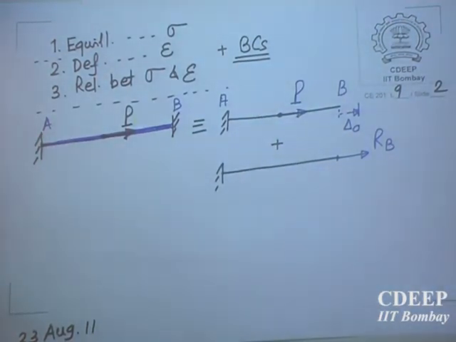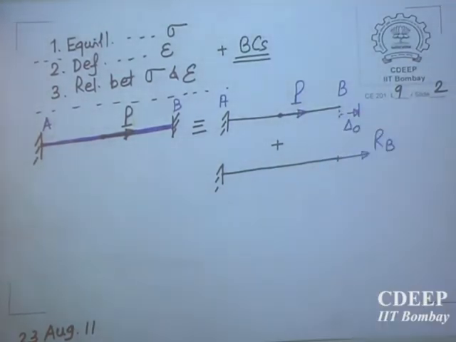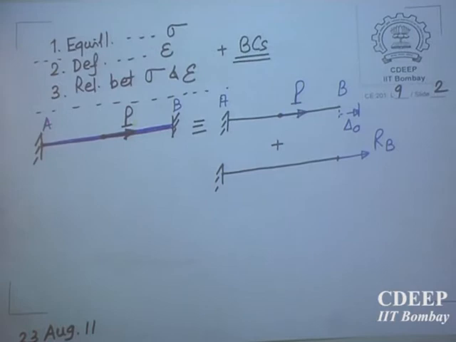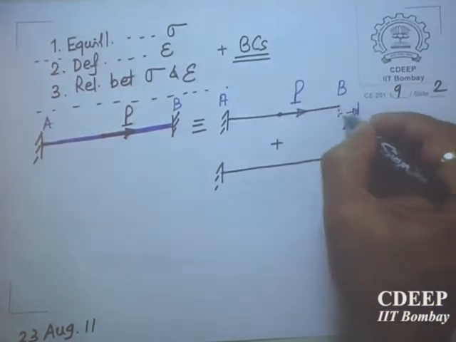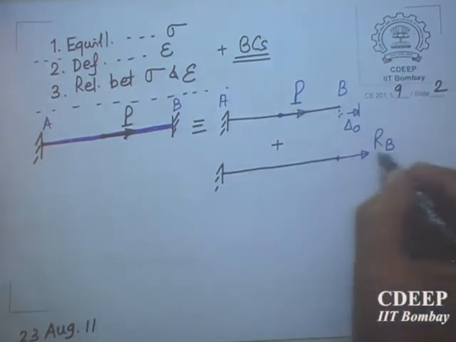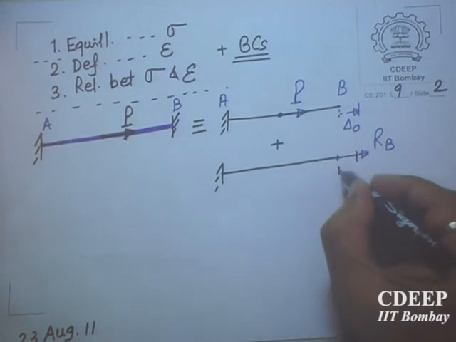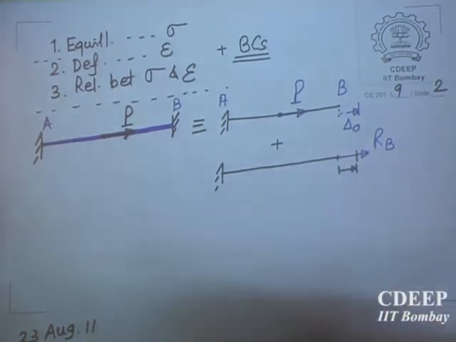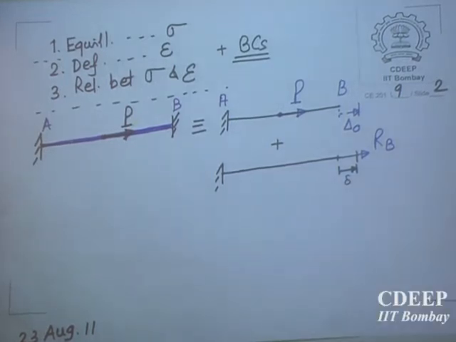When will this represent this? When the displacement of point B is set equal to 0. Under the applied load, this will undergo delta naught. Under RB, this also will undergo some delta.